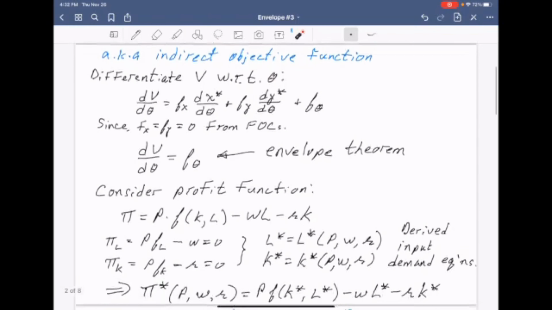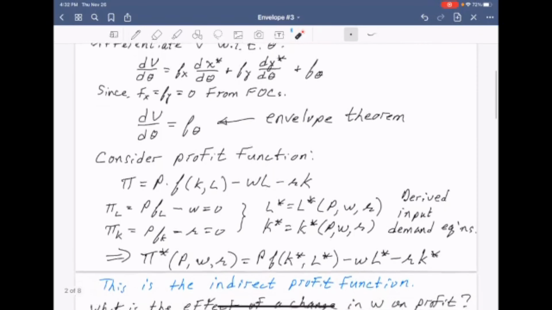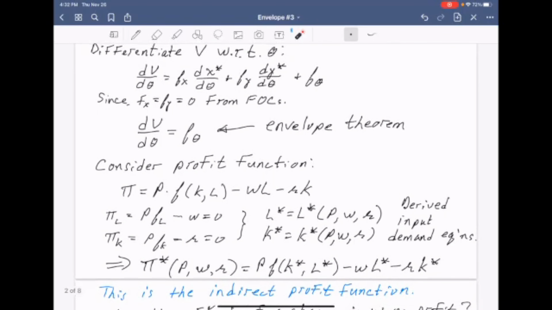So we want to differentiate v with respect to theta, and when we do that, we get the partial of f with respect to x multiplied by the derivative of x star with respect to theta, plus the partial of f with respect to y multiplied by the derivative of y star with respect to theta, plus the partial of f with respect to theta.